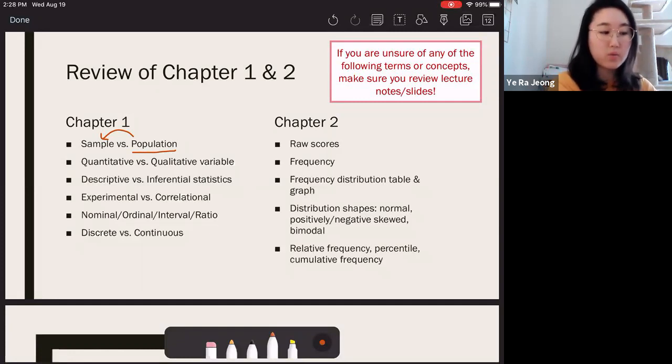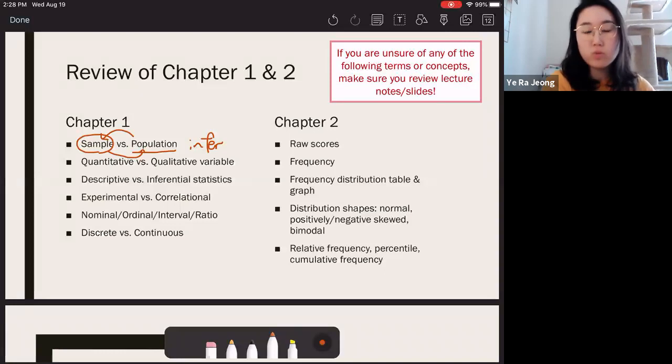Individuals who participate within the sample, we call participants. Whatever we find from the sample, we try to infer back to the population. Infer means we want to determine whether what we found in the sample, whether it's a pattern of behavior or a certain trend, can be generalized back to the original population that we are interested in.